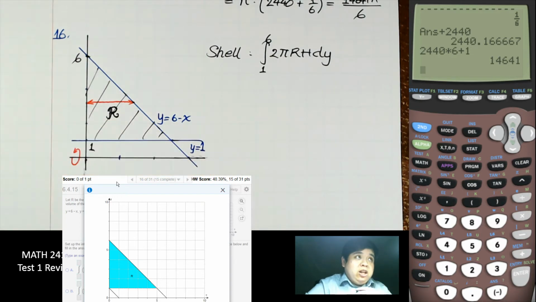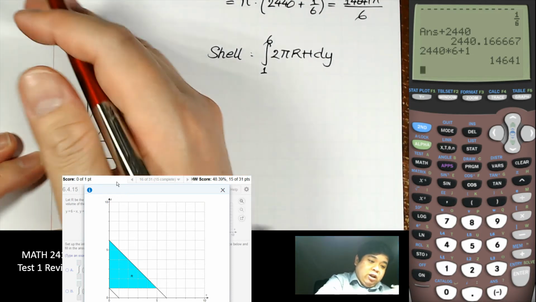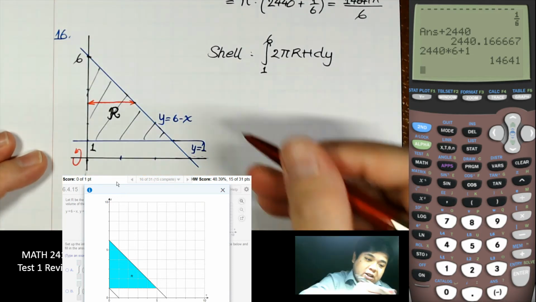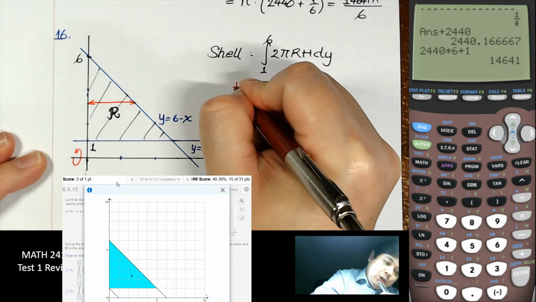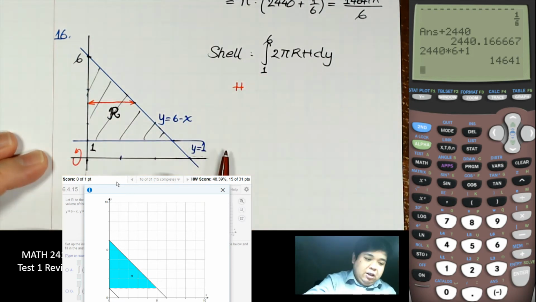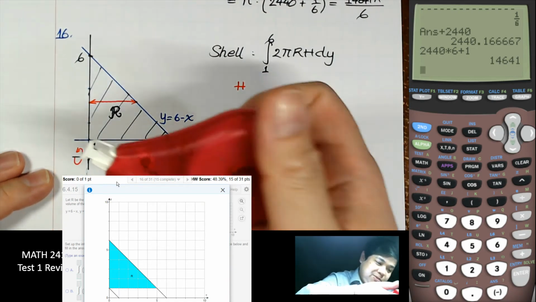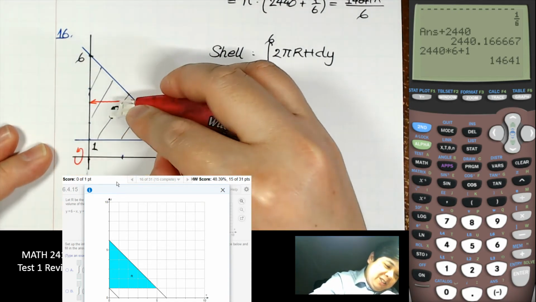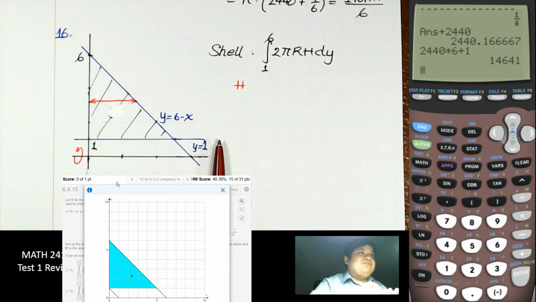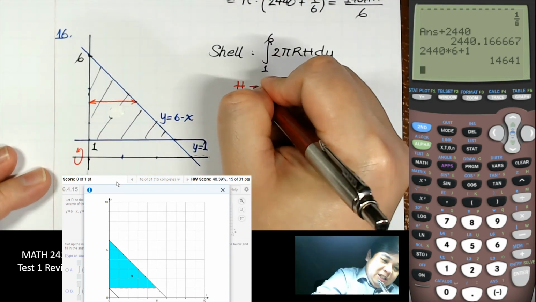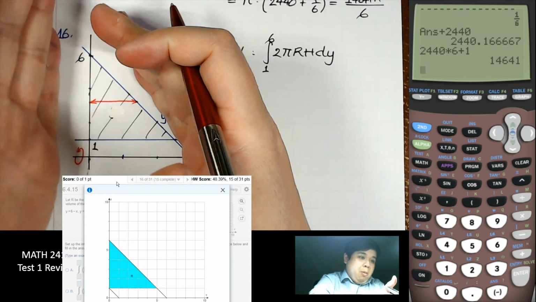Parallel to the axis of rotation, and then we write the boundary on the right minus the one on the left. So the h, that region R, I should not write anything there. Very confusing. The height from the right minus the left.